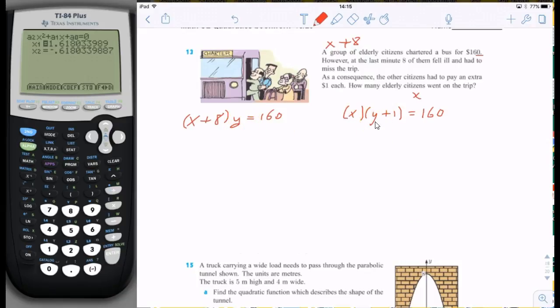And the easiest way to do that is to use this equation here. We're going to divide both sides by X plus 8 to get Y by itself. And then once we do that, we're going to put this expression for Y into there. And then we are going to have an expression with only x's in it.